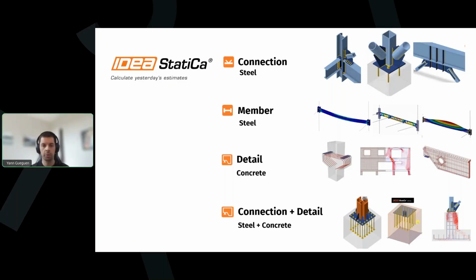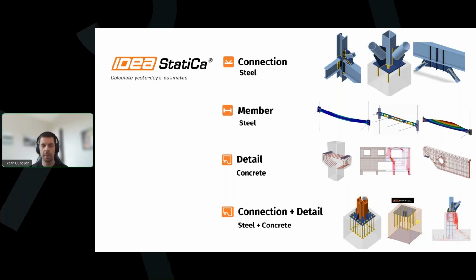Quick introduction to IDEA StatiCa for those of you who are new to the software. We have 2 main modules, the steel module and the concrete module. We'll start with the steel. The main application is the connection application that will allow engineers to design and verify even the most complex joints. From bolted to welded connections, this is ideal for all sorts of configurations: moment connections, base plates, and even complex joints with irregular geometries.